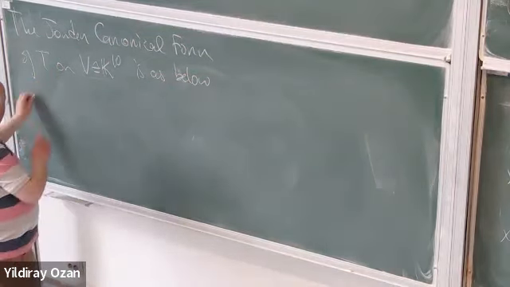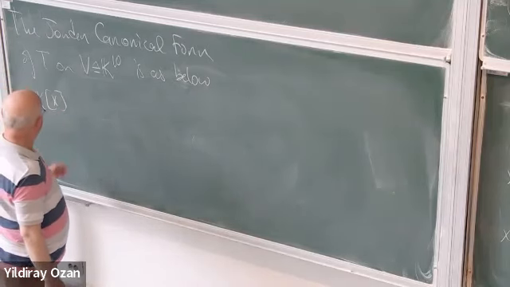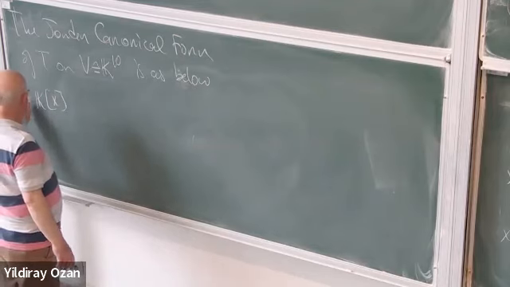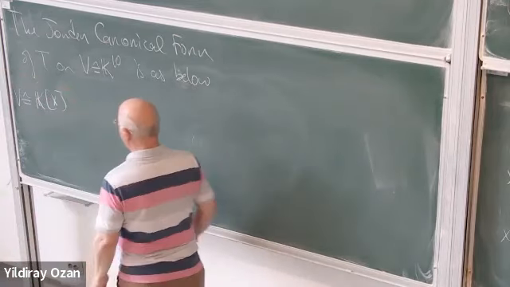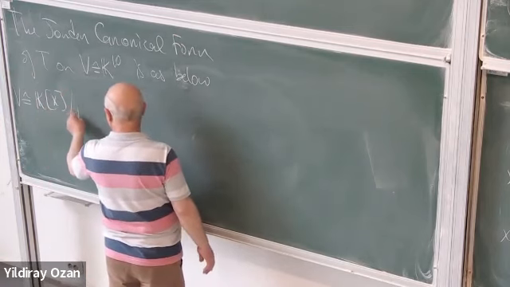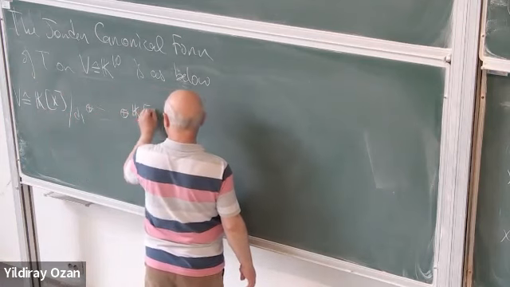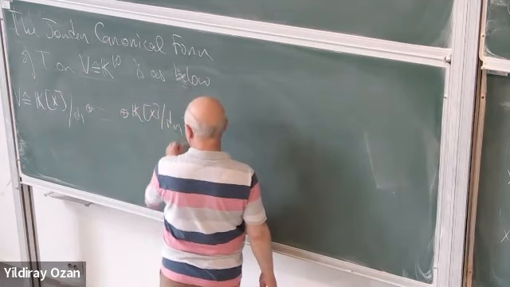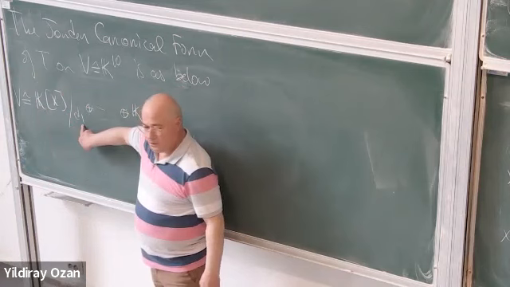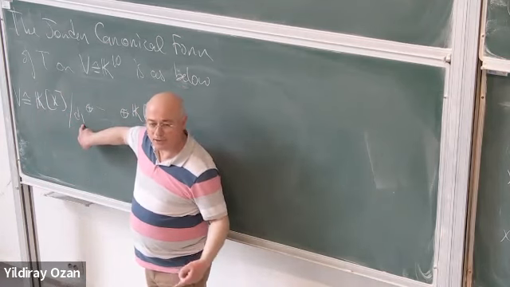Şimdi T yani şunun üzerinde V vektör uzayı, so V vector space is just isomorphic to kx divided by d1 up to kx divided by d10. d1 is 1, so 1 means 1 times kx.